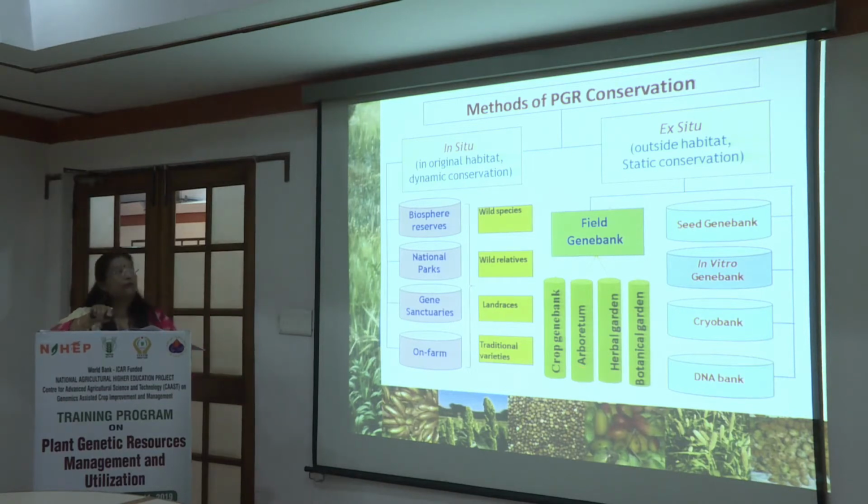These are all ex situ methods, and in situ of course you must be familiar: biosphere reserves, national parks, gene sanctuaries, etc. So what gets conserved how, where, will depend on the need, on the biology of the species, on the infrastructure available, and finally financial backup.